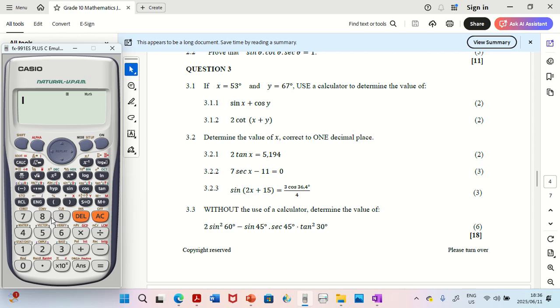So you just go to your calculator there and press sine, and then remember this is sine 53.